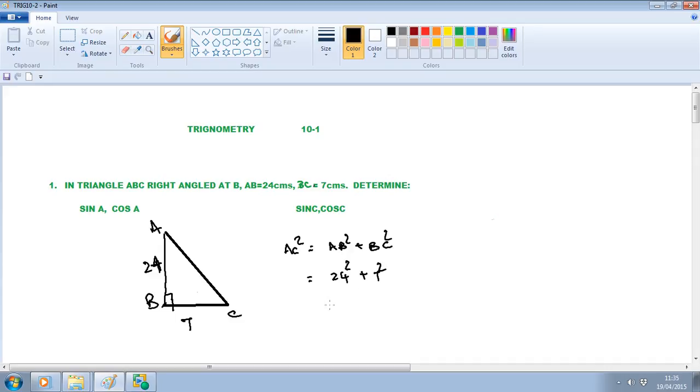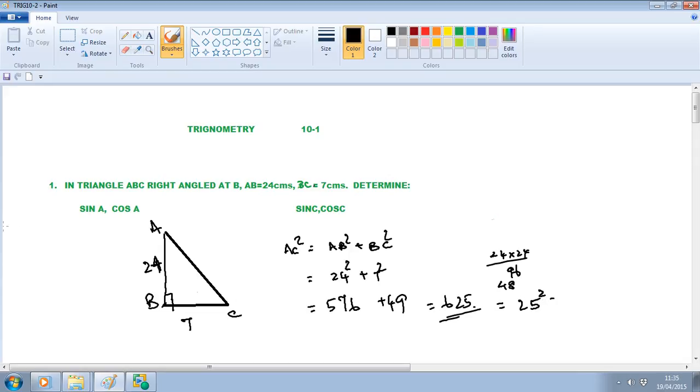AB is equal to 24. 24 square is 576. Adding 576 plus 49, this will be 625. 625 is equal to 25 square.